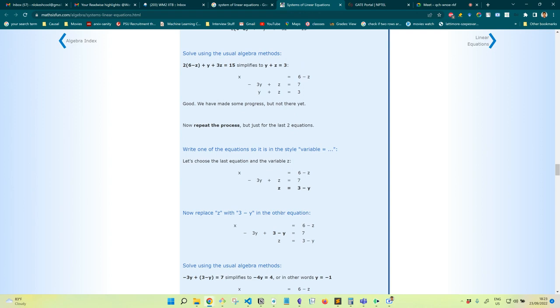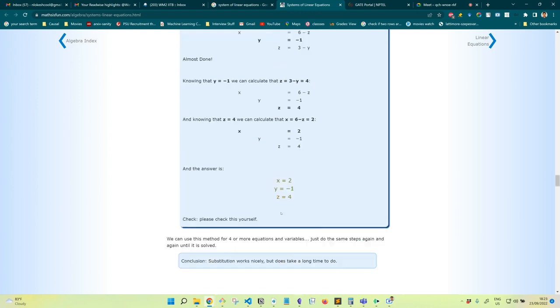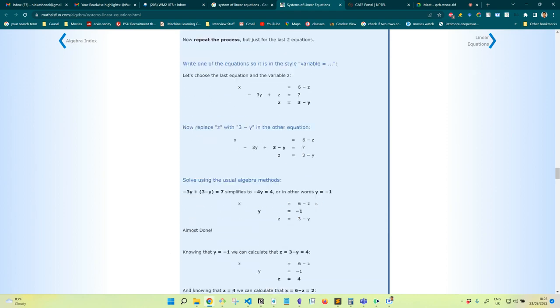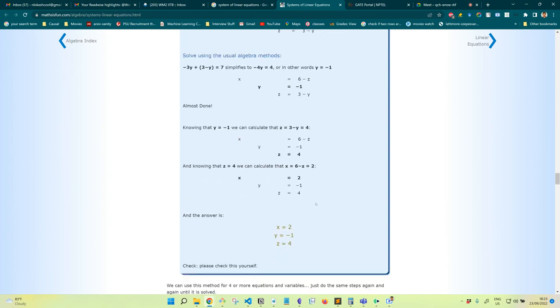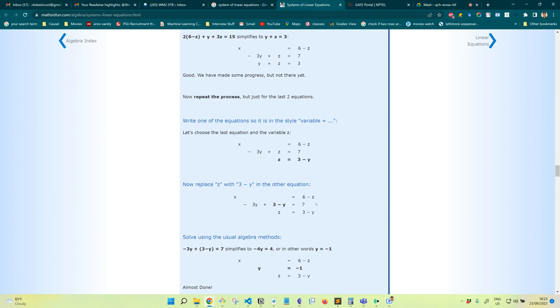Now let us check if the solution is correct. Oh, the solution is wrong. Yeah, I think I might have made some calculation mistake somewhere.